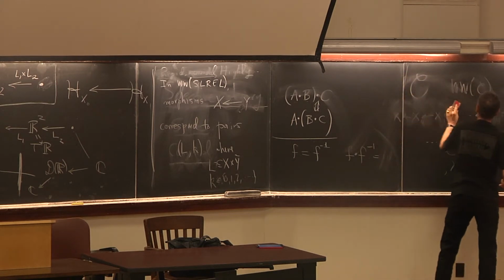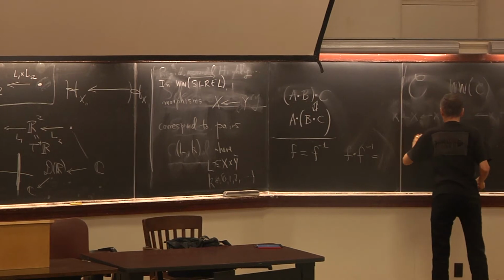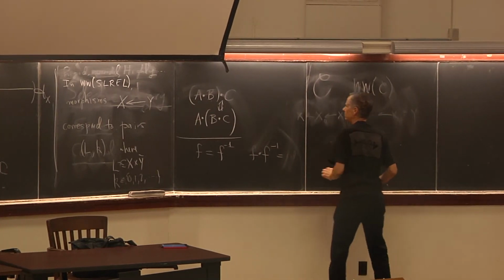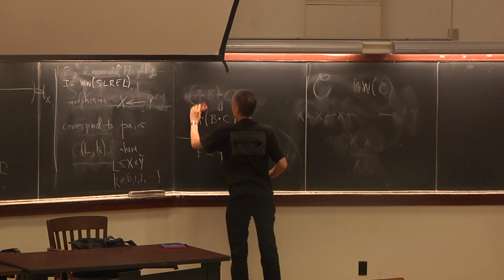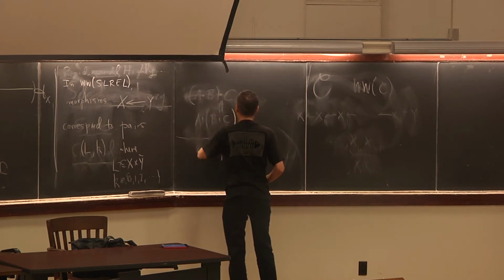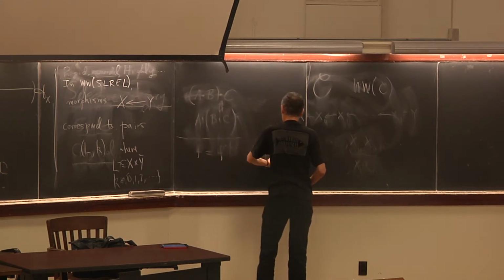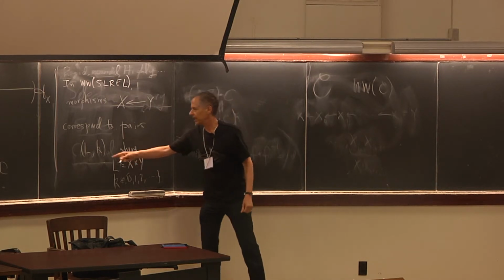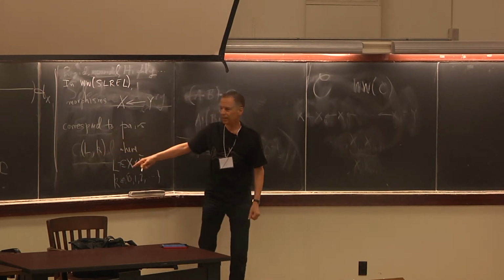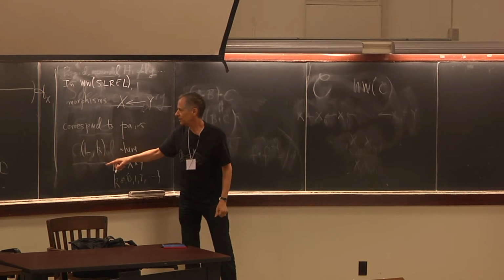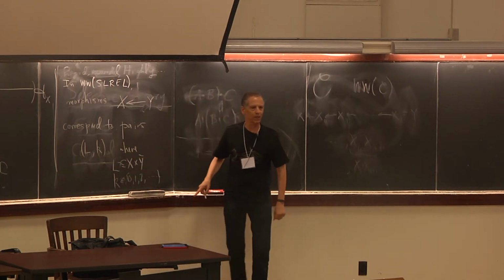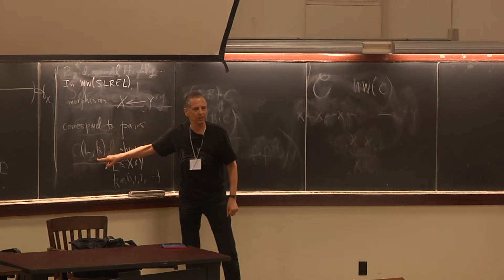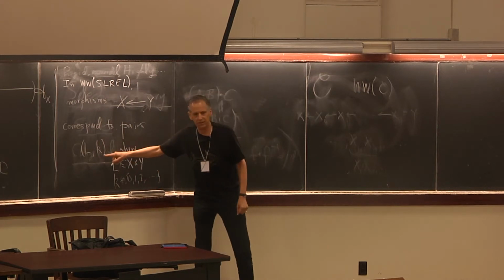So I've given a complete description of this category, and it even describes a module structure. If you take a composition of one of these things with a morphism of the unit object, which just corresponds to one of these non-negative integers, you just add the integers.